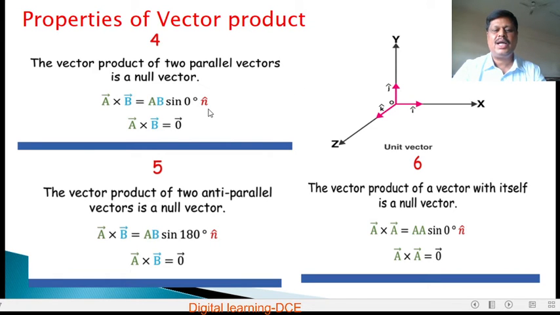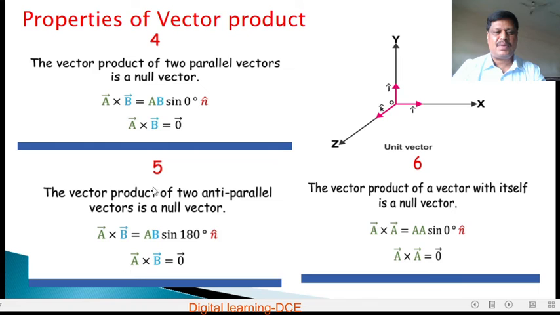But here a unit vector is there, so it is called a zero vector or null vector.